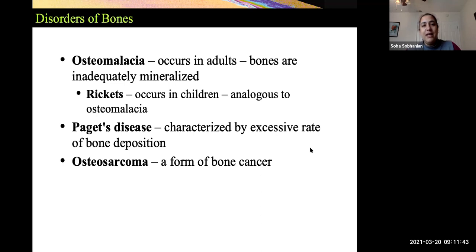Okay, osteomalacia typically occurs in adults. It is when the bones are inadequately mineralized, so they don't have enough calcium or phosphate. If that happens in children, it's called rickets. Rickets is basically in children, which is, again, analogous or similar to osteomalacia in adults. Have you guys heard of bow-leggedness before in children? Does it sound familiar? Anybody heard of it?